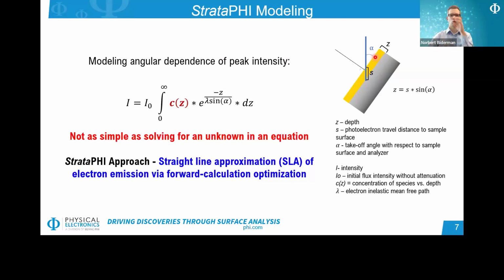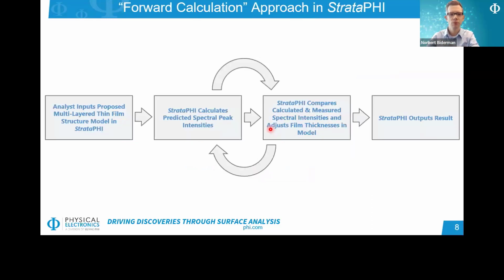So within Stratify, we assume the electron will traverse in a straight line to the detector without any scattering taking place, such as the elastic scattering. We're assuming that is not taking place. Basically how Stratify is able to do its calculations. So I'm going to show you a step-by-step process of how we arrive at our results.